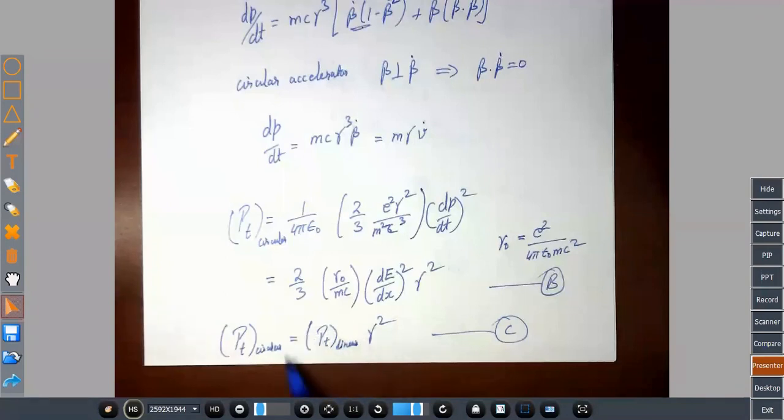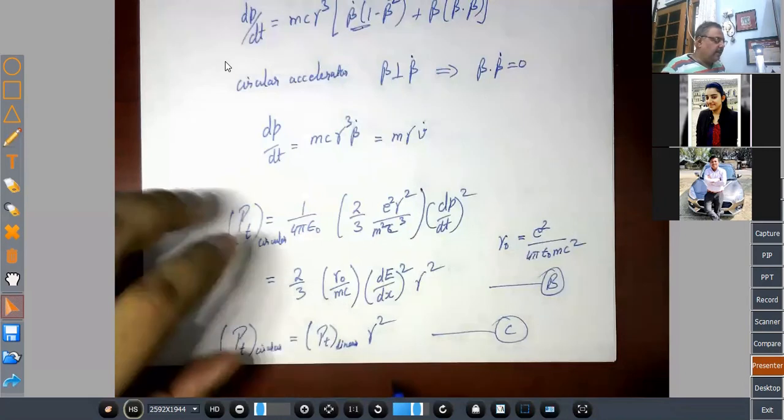So as far as power output is concerned, the linear accelerator is of much importance for us, and therefore most of the particle accelerators being constructed nowadays are linear accelerators, in spite of the fact that circular accelerators have a good resonance and relative compactness.